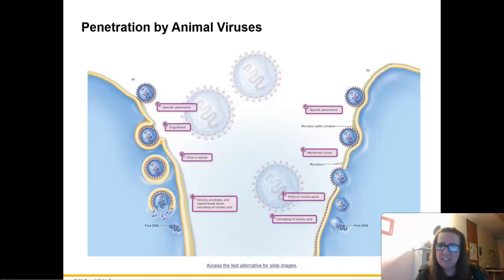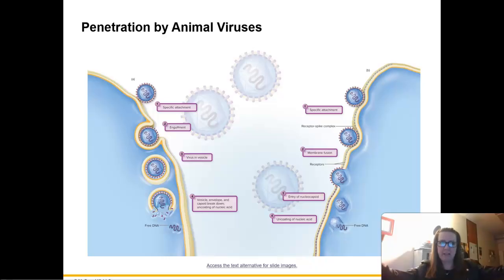Penetration by animal viruses. So looking at another figure from your book, it's showing us that for this one, it's an enveloped virus, and that envelope and spikes are attaching to the receptors, right? And then it's being engulfed.